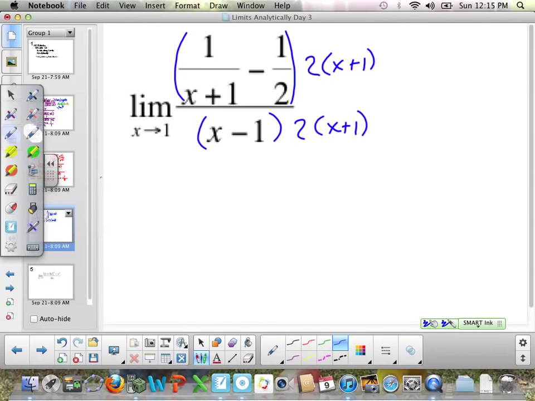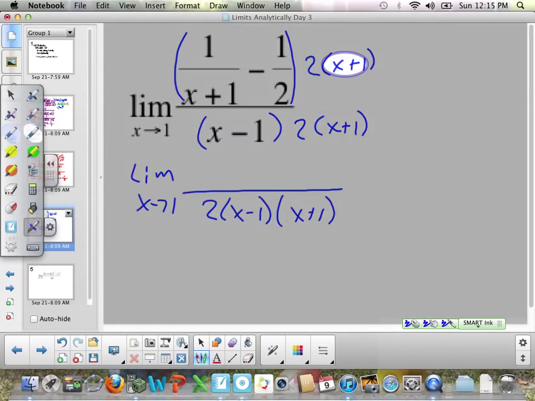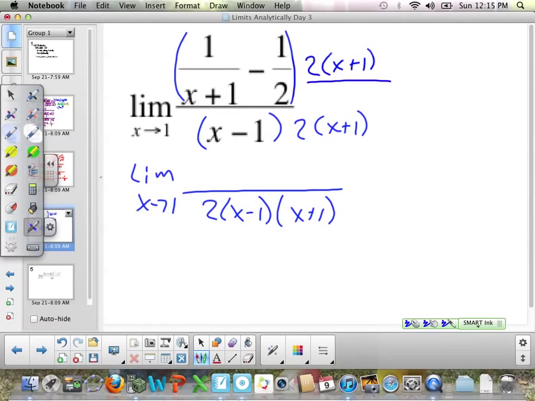All right, leaving the bottom alone, we got the limit as x approaches 1, 2 times x minus 1 times x plus 1. Up top, we will distribute our 2 times x plus 1. Here the x plus 1's will cancel.